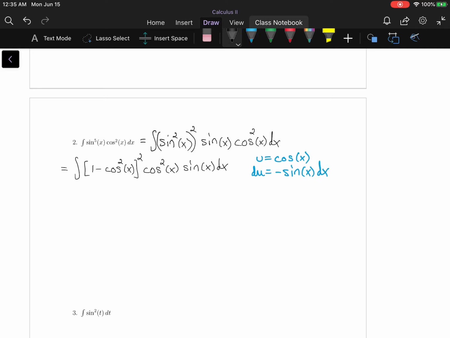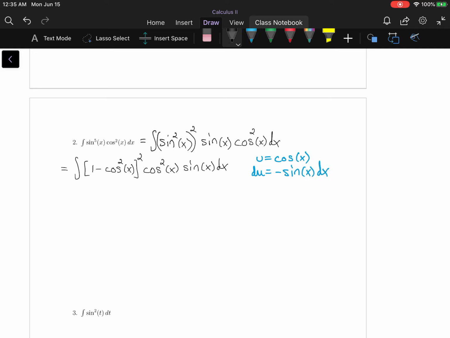And that's going to give me negative 1/3 u cubed plus 2/5 u to the fifth minus 1/7 u to the seventh plus c.